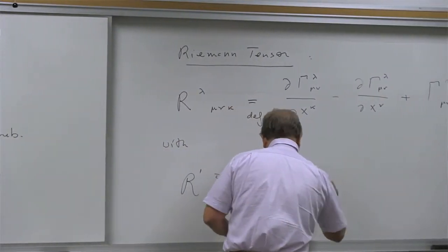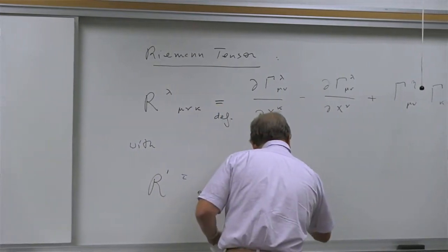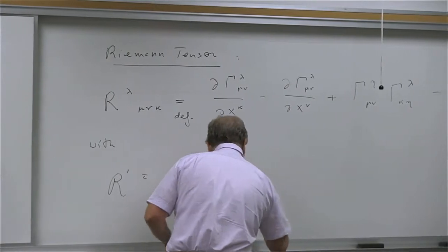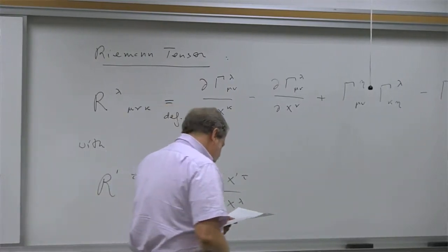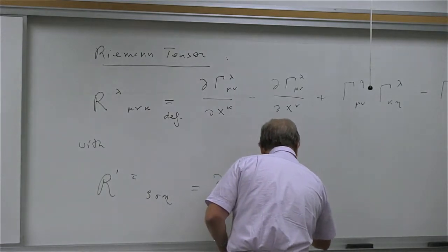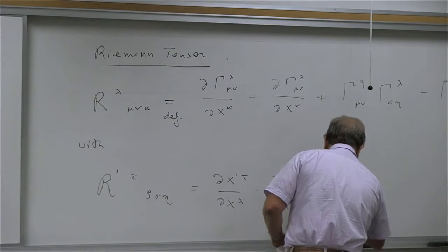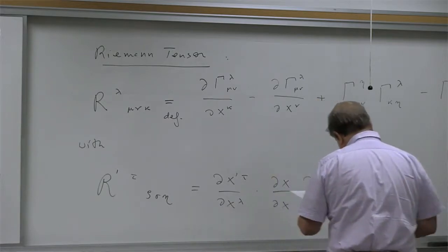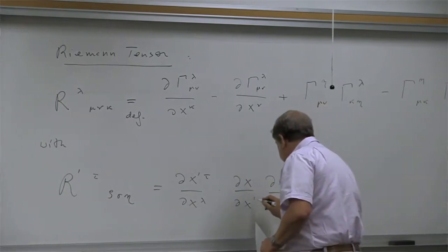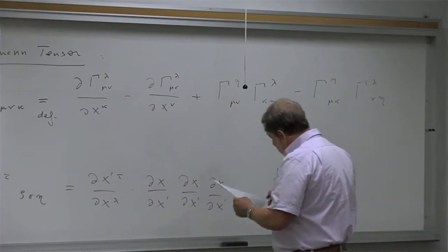so we have a dx prime, tau by d lambda, and then 3 dx's, so times dx by dx, dx by dx, and dx by dx, where the bottom ones are all primed, and primed. And this is mu nu k.